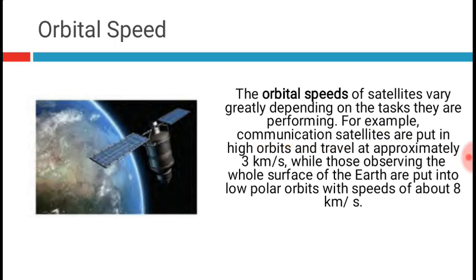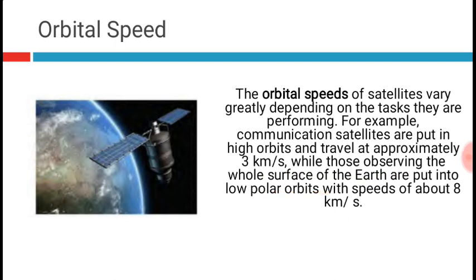These high orbital satellites travel at approximately 3 kilometers per second, while those observing the whole surface of the earth are put into lower polar orbits with speeds of 8 kilometers per second.